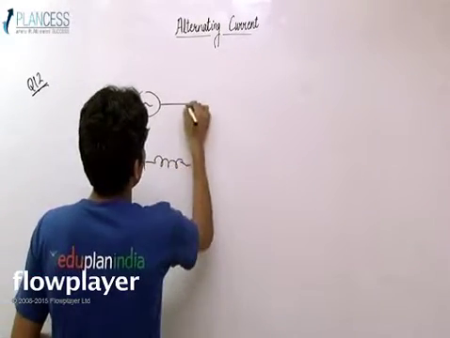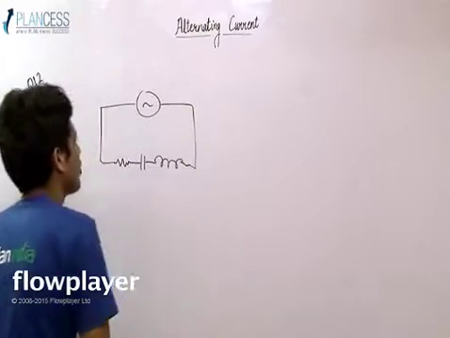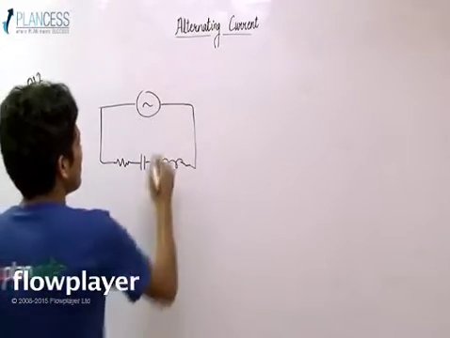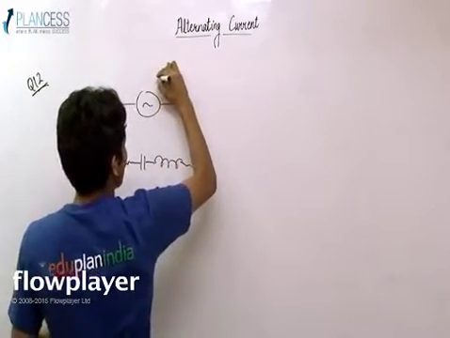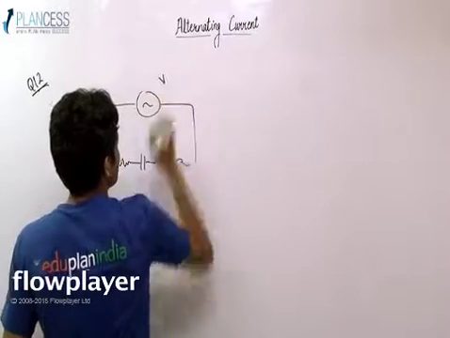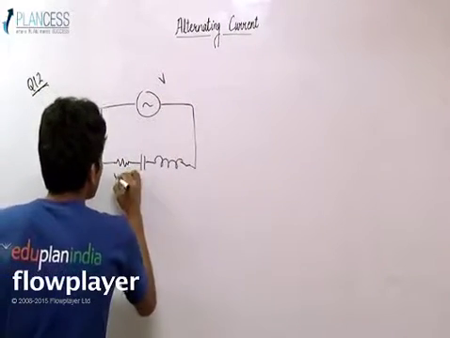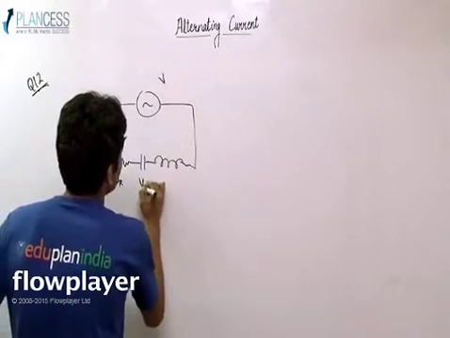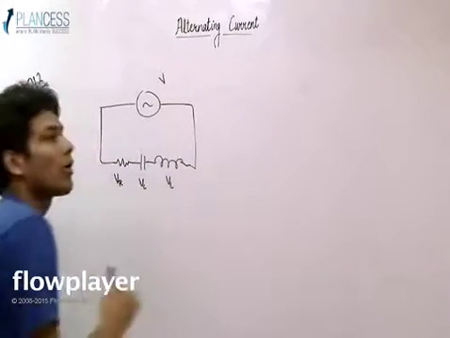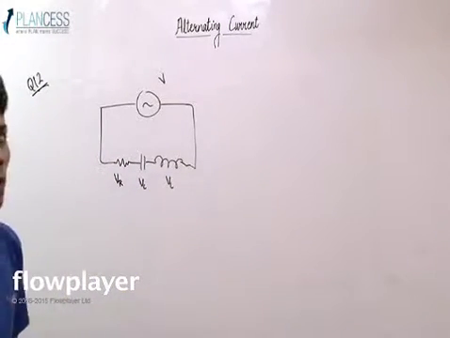So this is an LCR circuit or RLC circuit. Mind it, if the instantaneous voltage of the AC source is V, and the instantaneous voltages are VR, VC and VL, then what is the relation between all these four quantities?